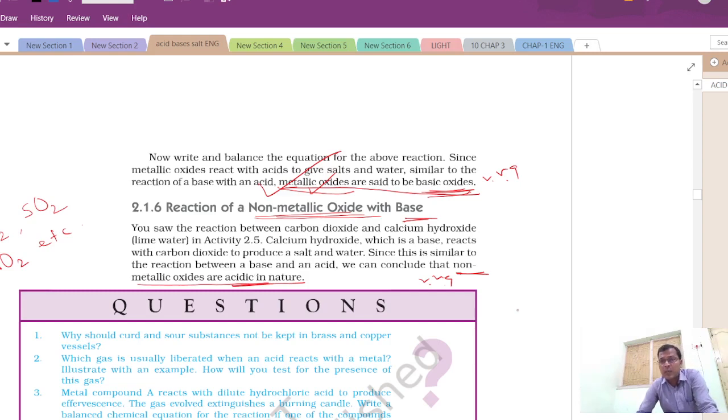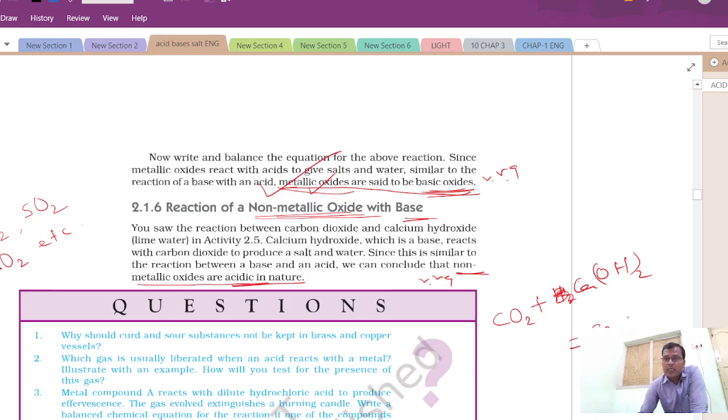Let's see. When carbon dioxide is reacting with a base, you can take any base, you can take calcium hydroxide, Ca(OH)2. When an acid reacts with a base, then what is formed?